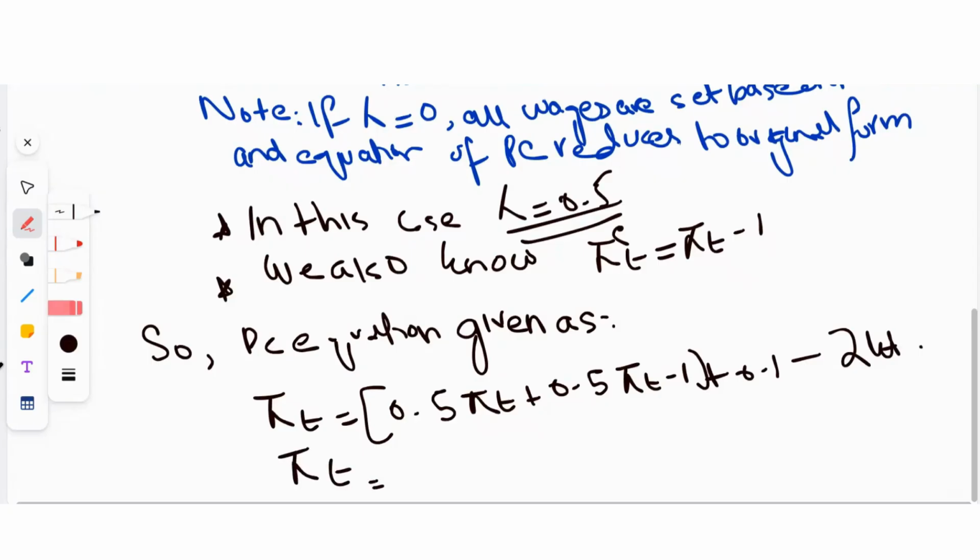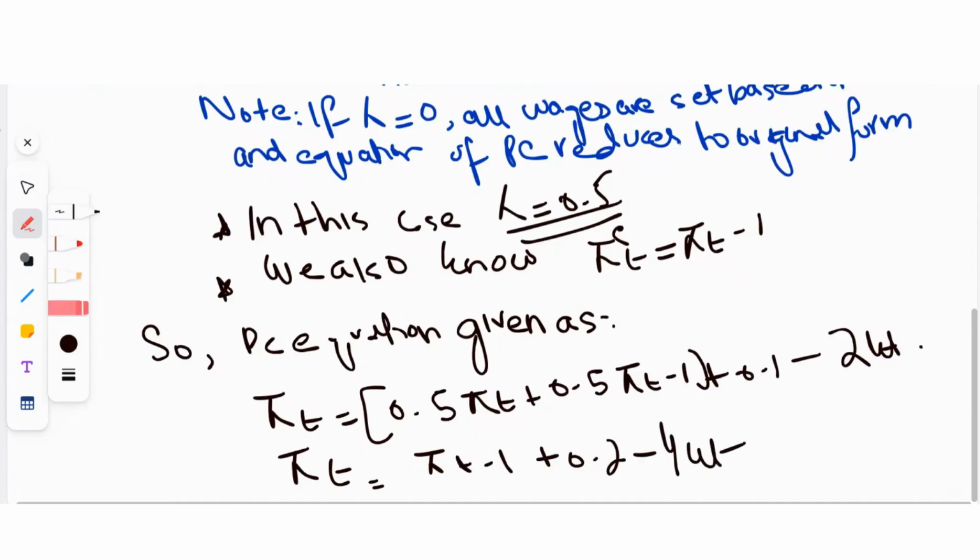If we simplify this, it becomes pi t is equal to pi t minus 1 plus 0.2 minus 4 ut.